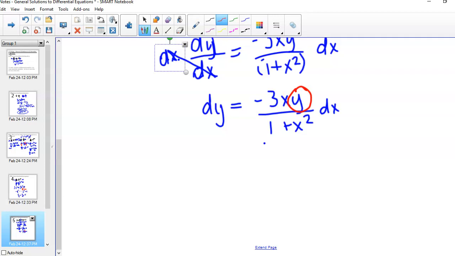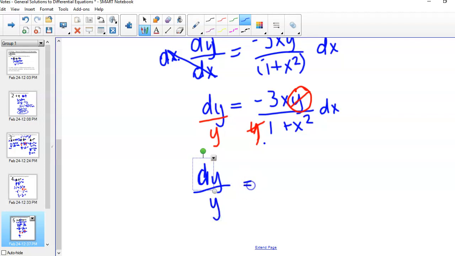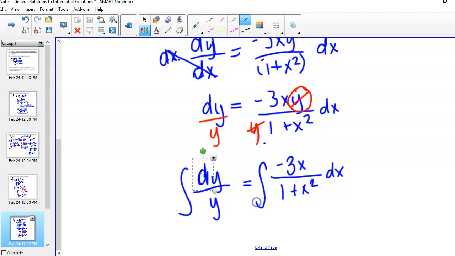So it's perfectly fine here just to divide both sides by y, which is going to cancel the y on the right-hand side, and you're going to divide the left-hand side by y as well. So that gives you dy over y equals negative 3x over 1 plus x squared dx. And we are going to integrate both sides.